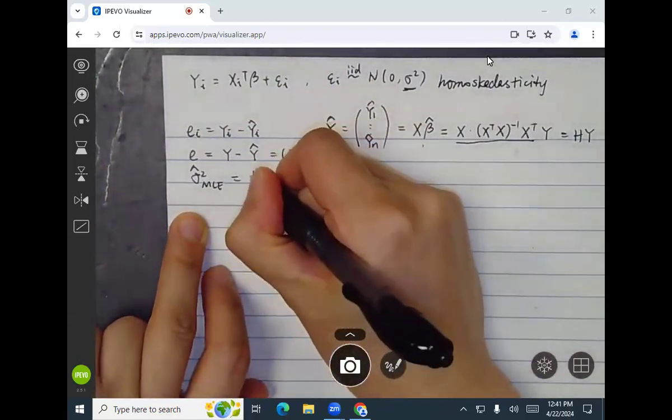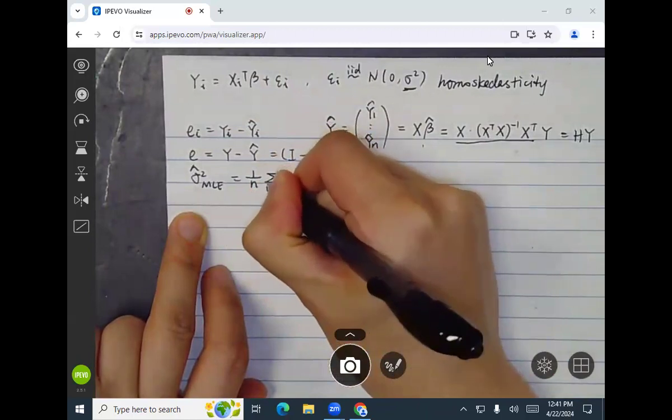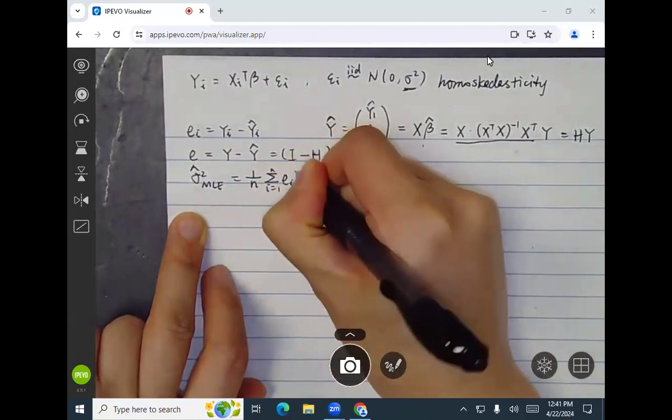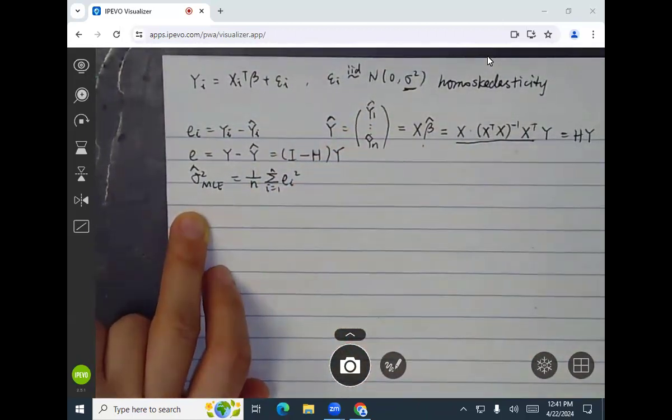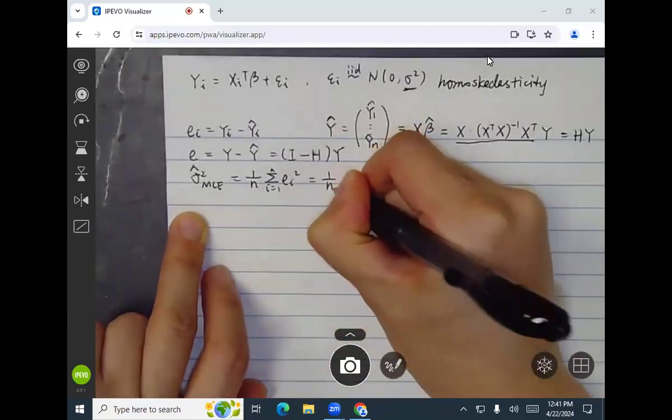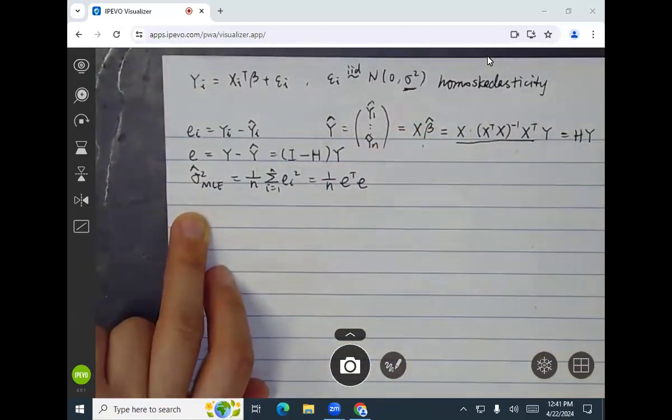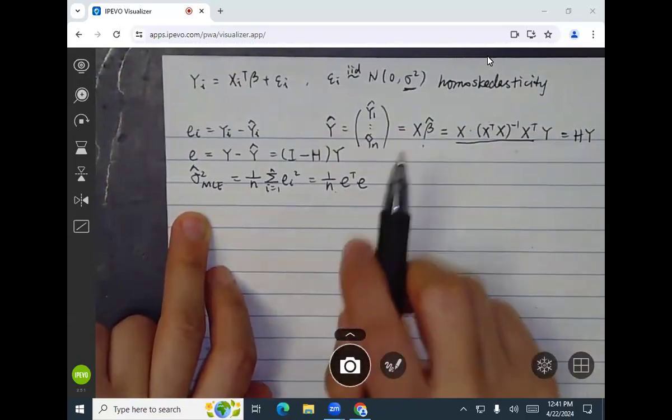So I can write it as 1 over n sum of e_i squared, or in the matrix form 1 over n e transpose e. They are equivalent. And then what's next?